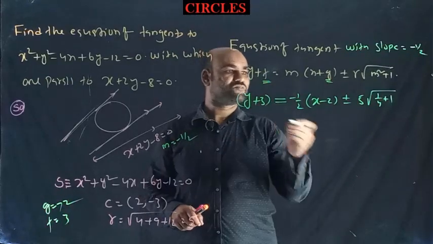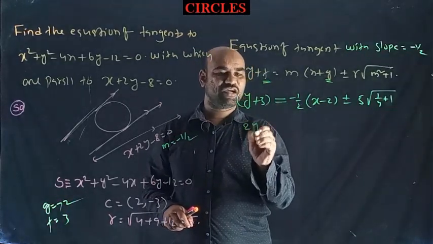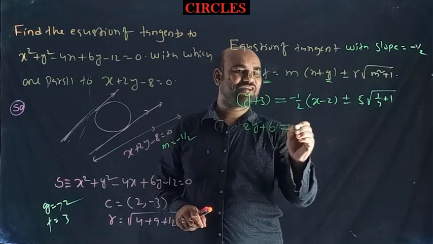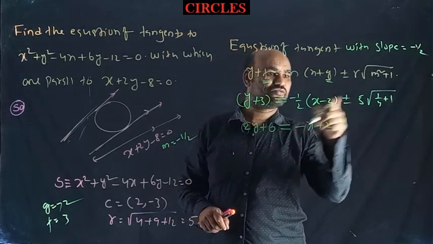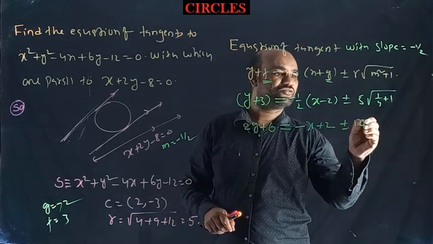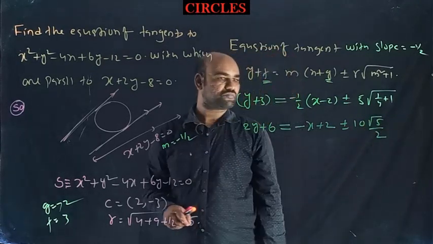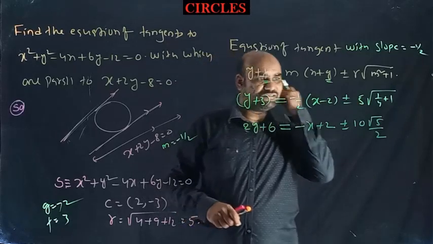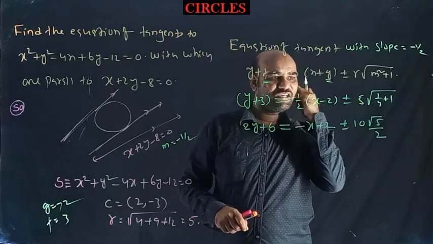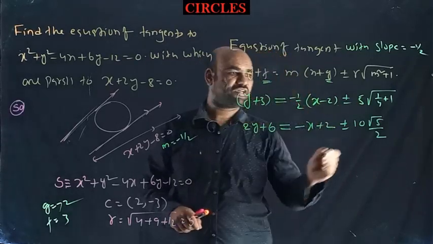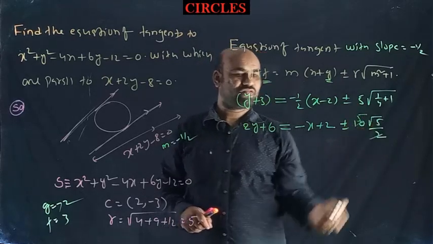Now I want to simplify this. 2y plus 6 equal to minus x plus 2 plus or minus 10 into root over 5 by 2. I think that's correct. And I cancel the 2 with the 10, and we get 5.